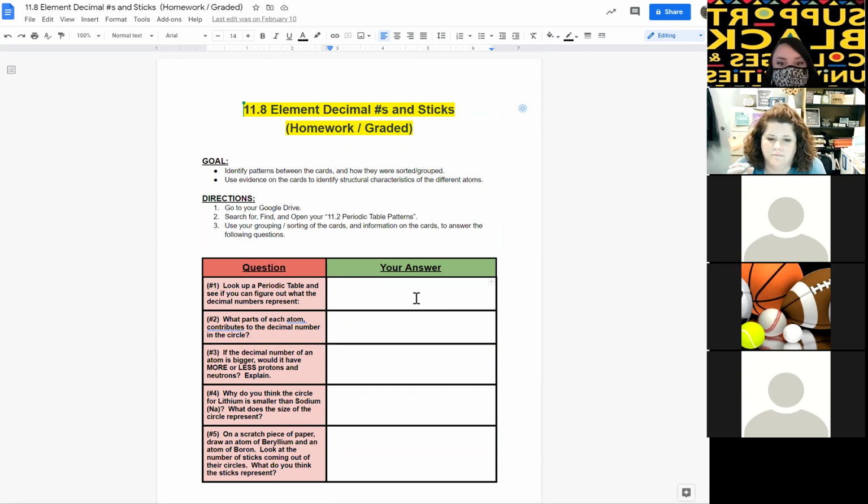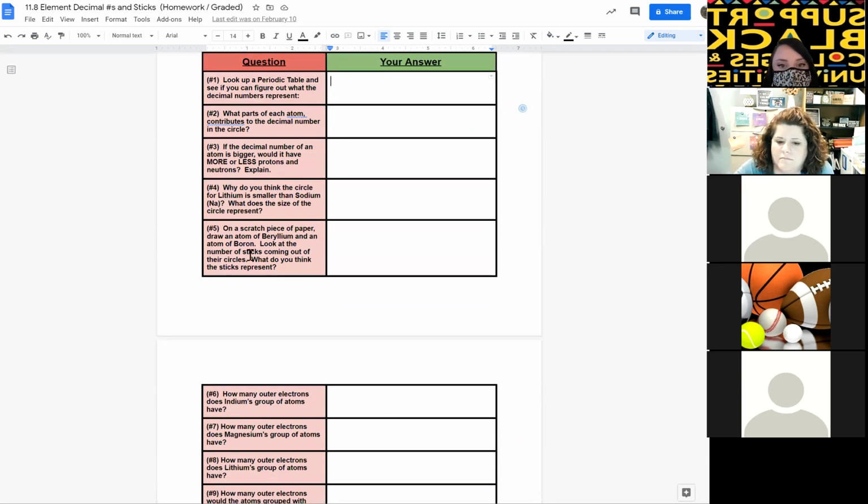Today's assignment is a little bit more challenging because some of the questions like number 5 ask you to figure out on your own what the sticks represent. And in order to figure out what the sticks represent, you actually are going to have to draw some atoms. So number 5 tells you to, on a scratch piece of paper, draw an atom of beryllium and an atom of boron.